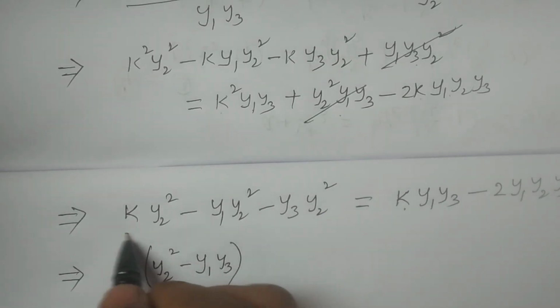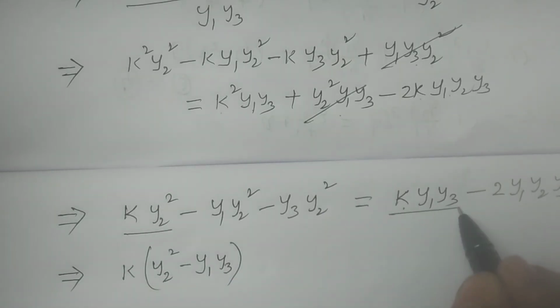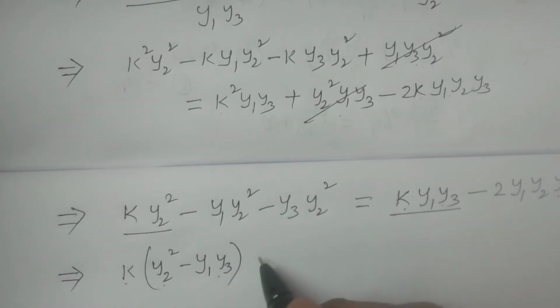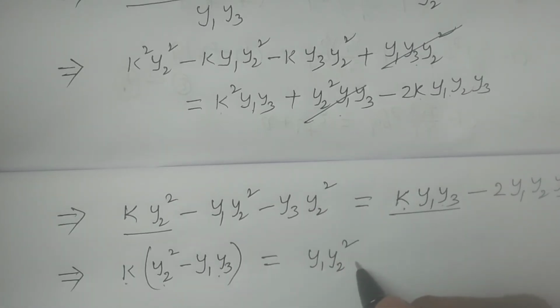These are the two terms, k y2 square, k y1 y3. If you take the left hand side, minus k y1 y3, and take k common, k times (y2 square minus y1 y3) is equal to the remaining terms. On the right hand side, I take these two terms: y1 y2 square plus y3 y2 square minus 2 y1 y2 y3.